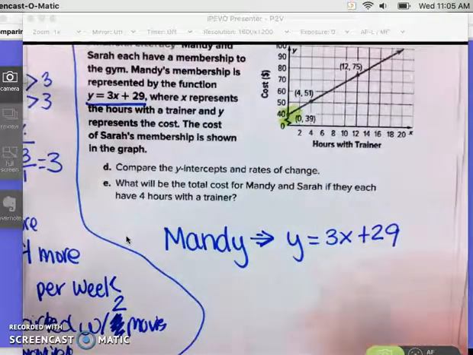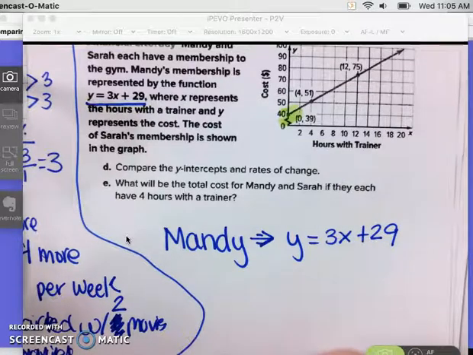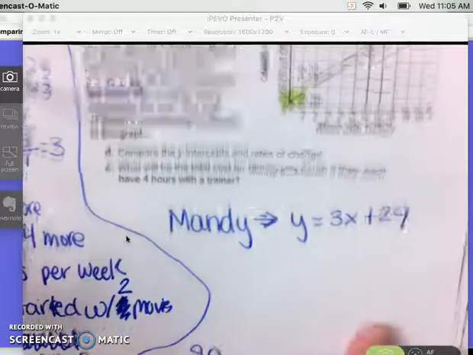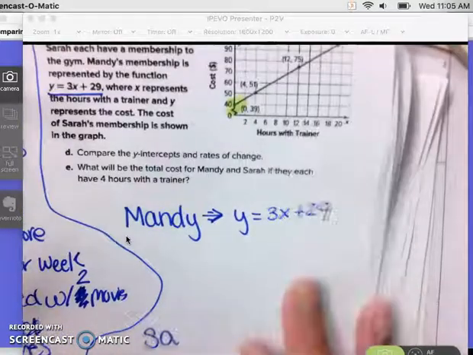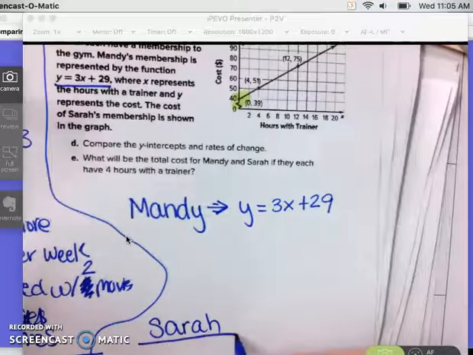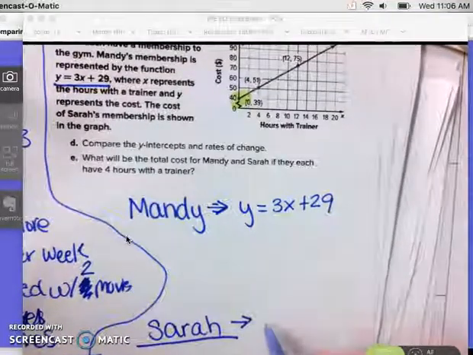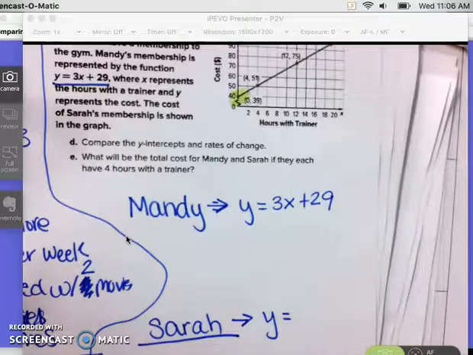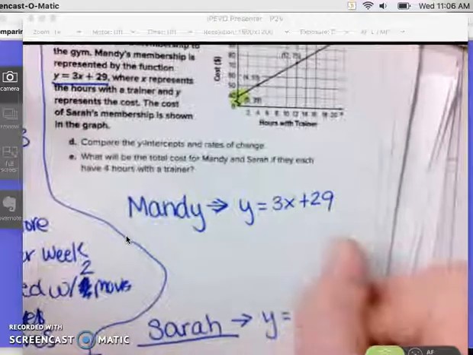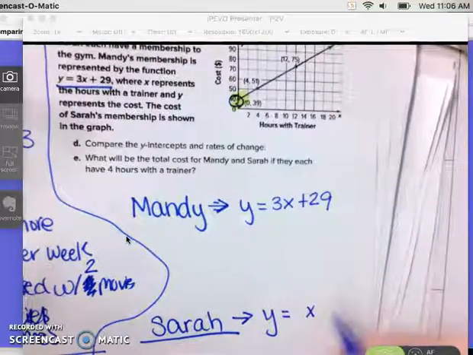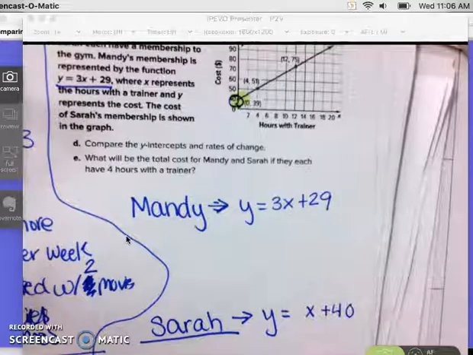So I can right away write Sarah, it's going to be y equals, I haven't figured out my slope yet, x, and then it's going to start at, it gives us 40, so plus 40.